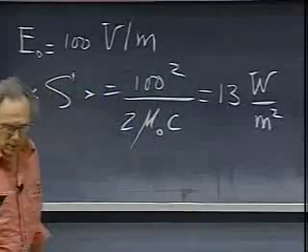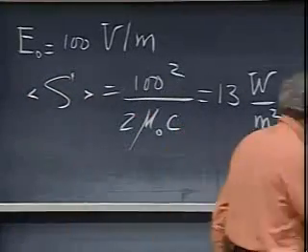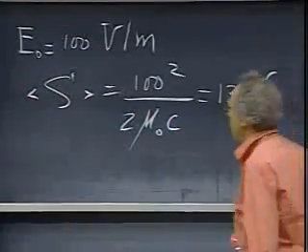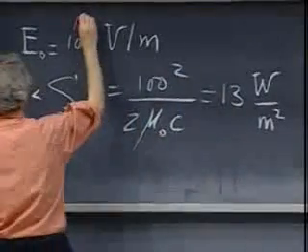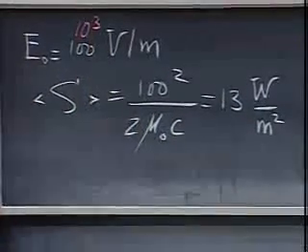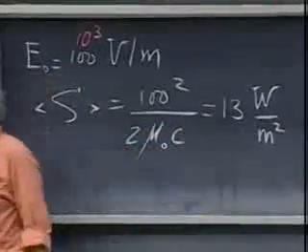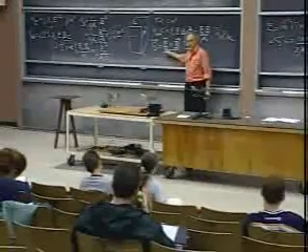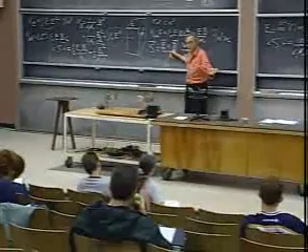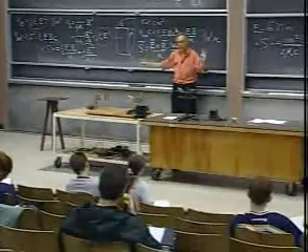But imagine now that we increase the value of E0 and we make it 1,000 volts per meter. Now, this goes up by a factor of 100. Because if E goes up by a factor of 10, automatically B goes up by a factor of 10. Remember, electromagnetic waves, they're always coupled.